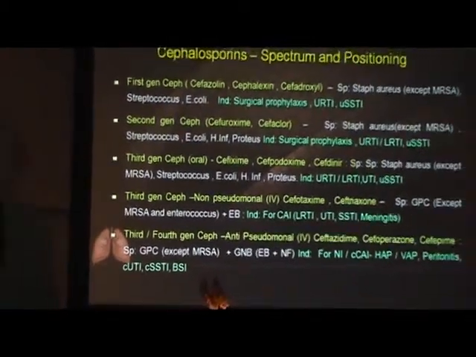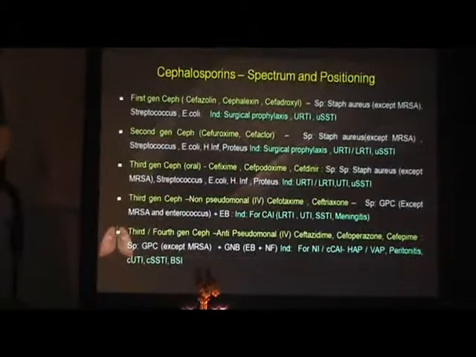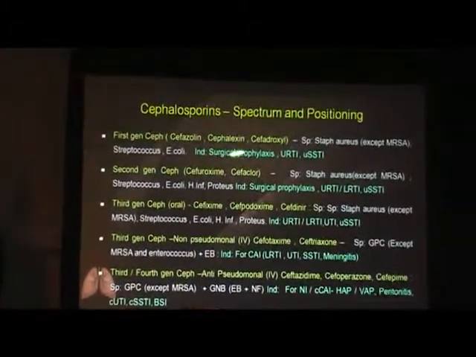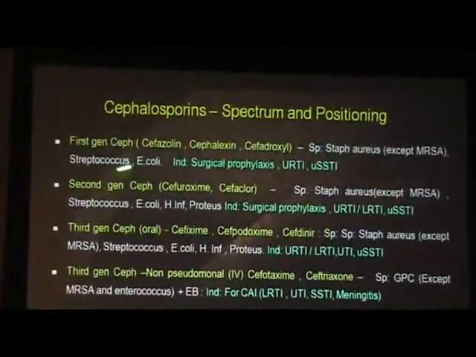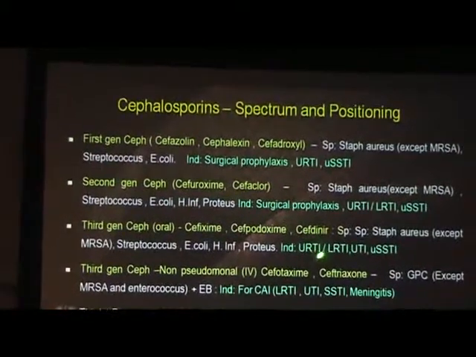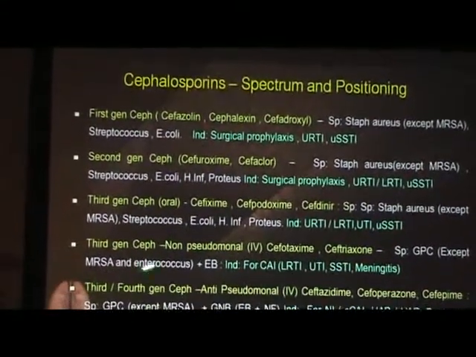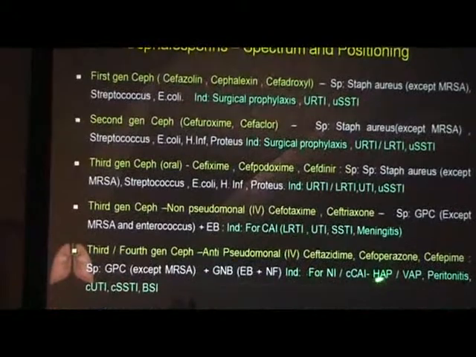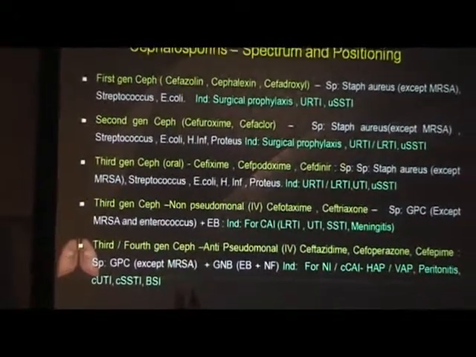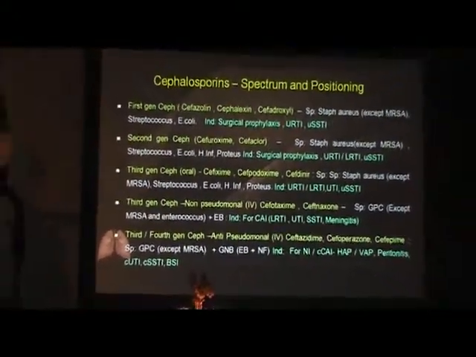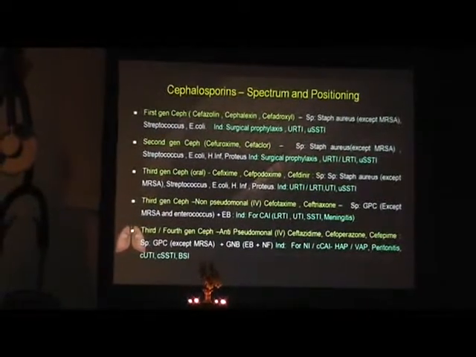So I think a look at drugs is important. What do drugs mean to you? Look at the first generation cephalosporins, the second generation, the third generation, then the non-pseudomonal, then the anti-pseudomonal: ceftazidime, cefoperazone, cefepime. And to add to this confusion, you have multiple BL-BLI combinations.